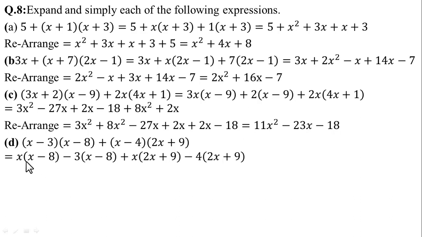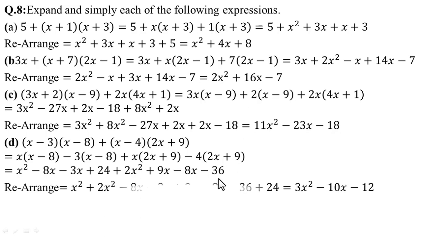Now x multiplied by x is x square, minus 8x, minus 3 multiplied by 1 is 3x, minus minus plus 8 3s are 24, plus x multiplied by 2x is 2x square, plus 9x, minus 4 2s are 8x, minus 9 4s are 36.